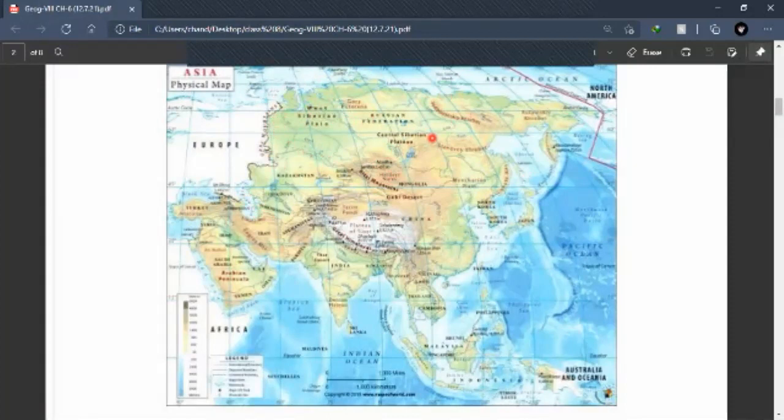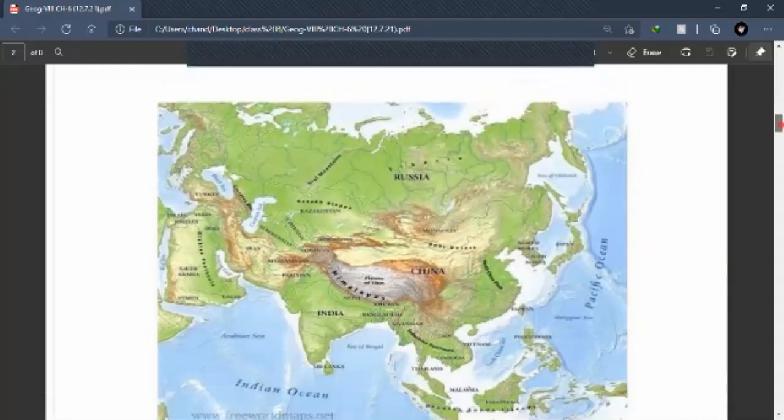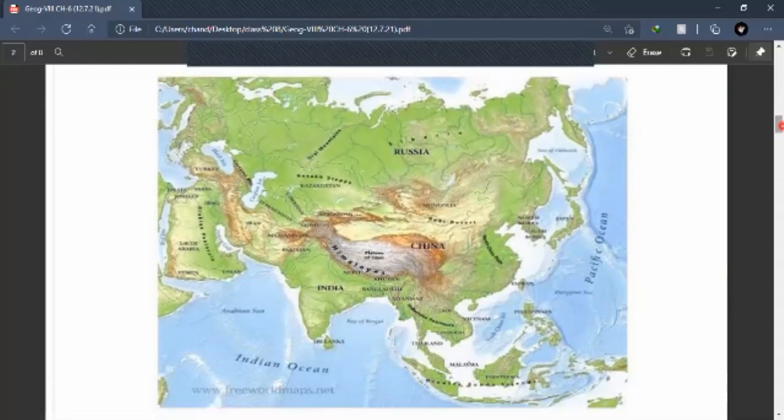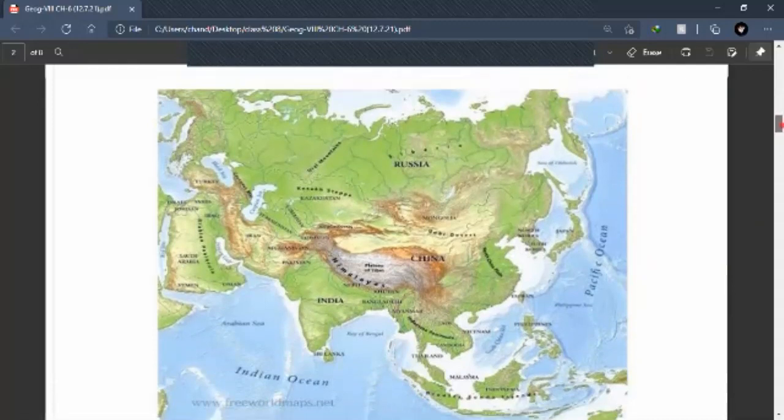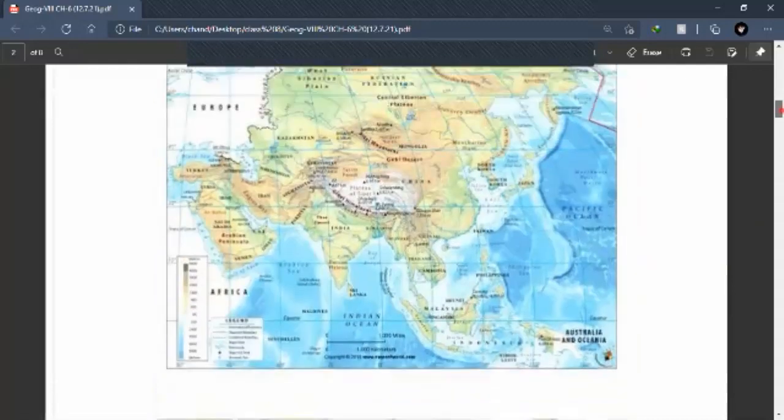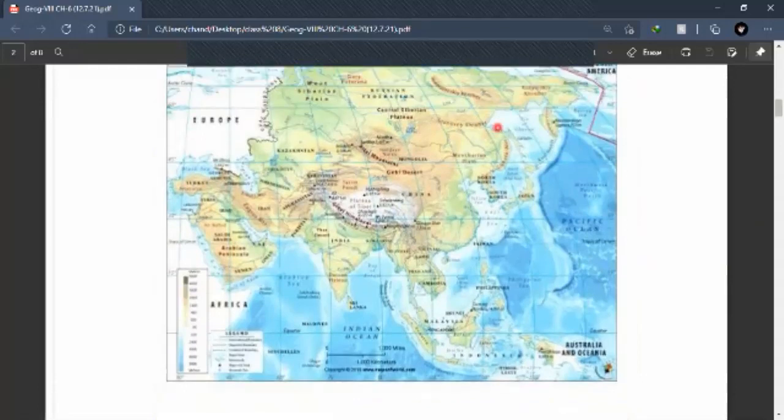The Siberian Plain region is drained by three long rivers, namely Ob, Yenisei and Lena, which flow northward and empty into the Arctic Ocean.